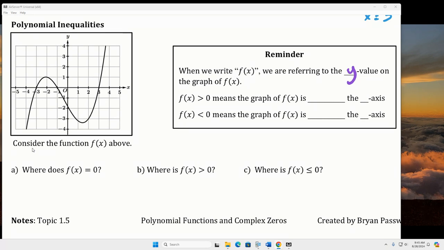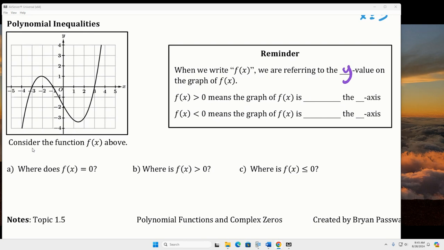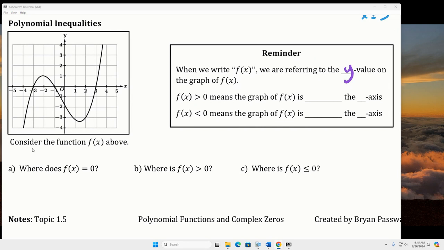Towards the beginning of the year, we talked about where a graph was positive and where a graph was negative. So f of x greater than 0, or positive, means the graph is where? Above the x-axis. Good job. And less than 0, or negative, is going to be below the x-axis.